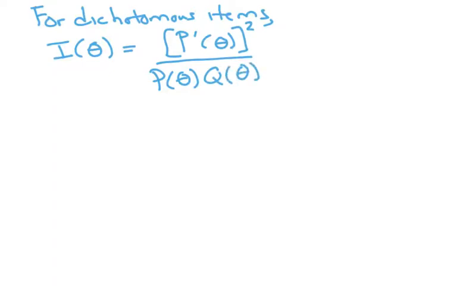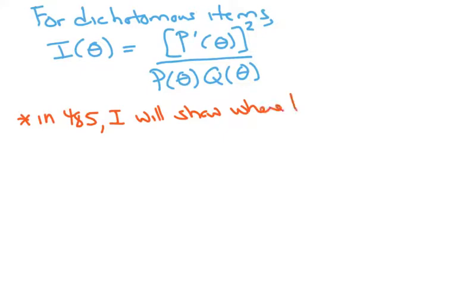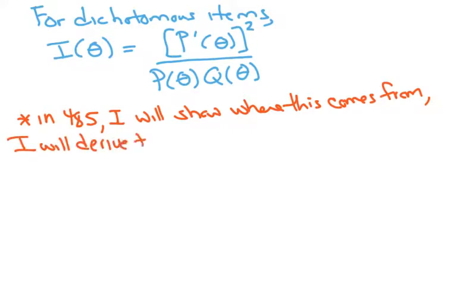Now you should say in your talk in Math 485, you will show where this comes from, or you will derive this form of information.